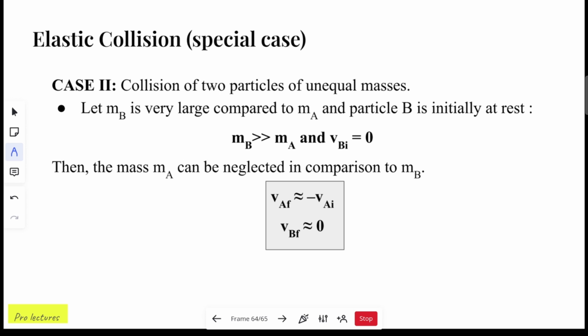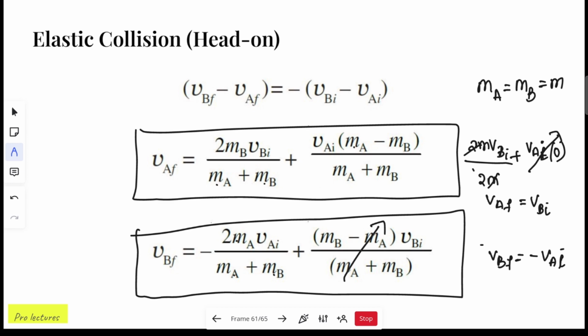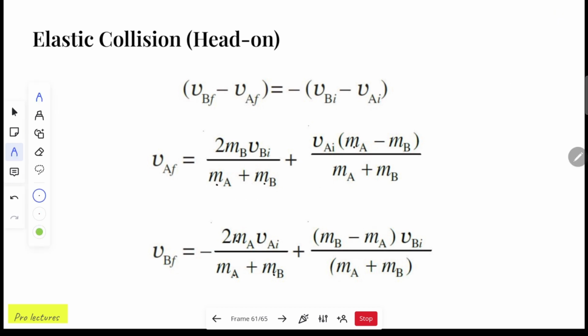Another special case we will see is, let's suppose the mass of ball B is larger than that of A and particle B is initially at rest, then VBI is 0. So how do we come to that conclusion? Let's go back to this equation. The second condition was MB greater than MA, very large, and the second ball is at rest.